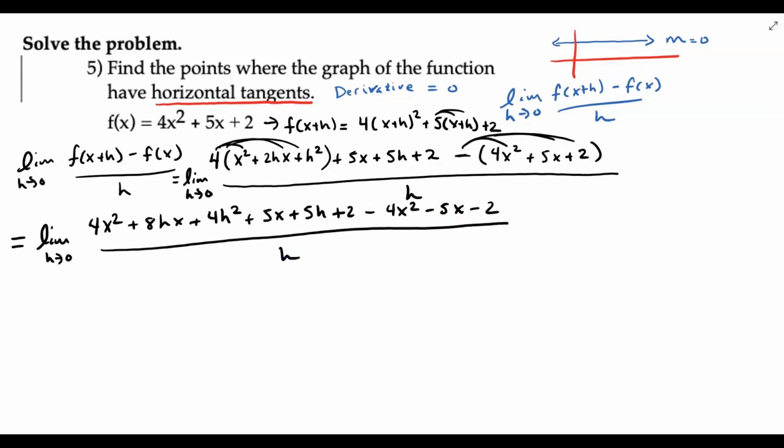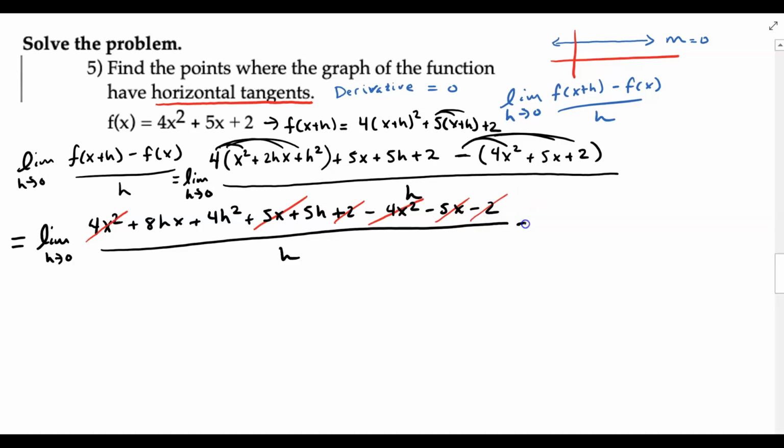Now we're ready to combine like terms. 4x squared cancels with the negative 4x squared, 5x cancels with the negative 5x, and a positive 2 cancels with a negative 2. This is so nice.